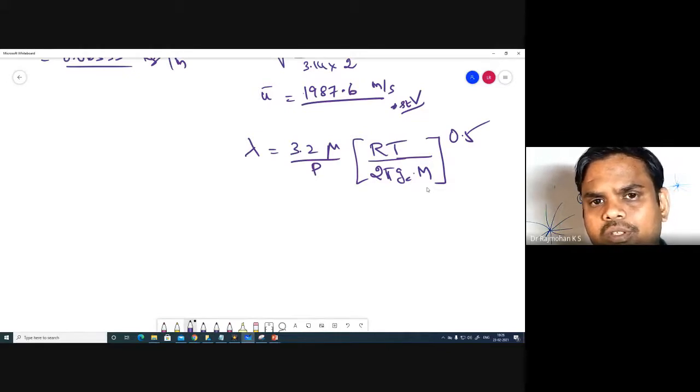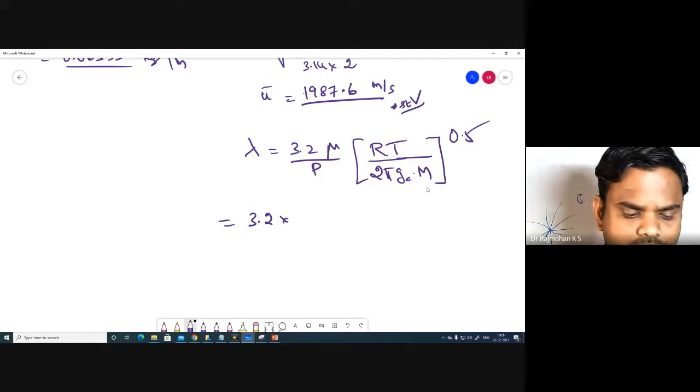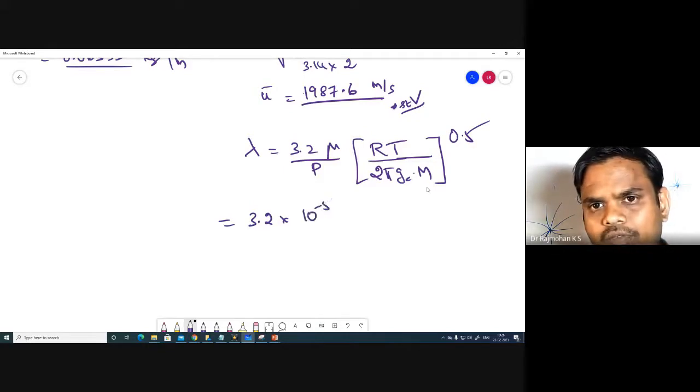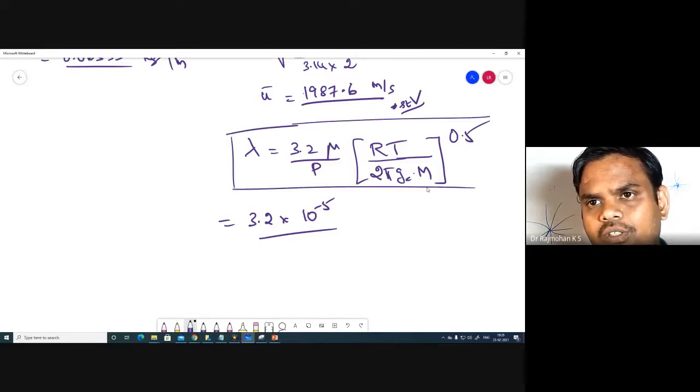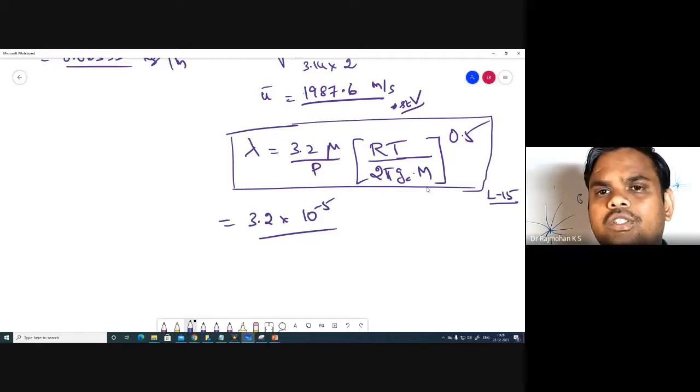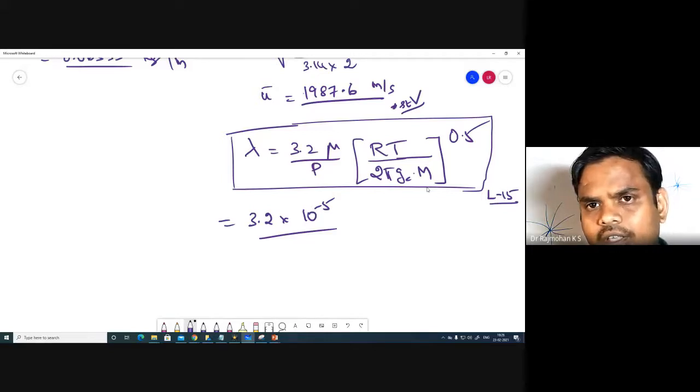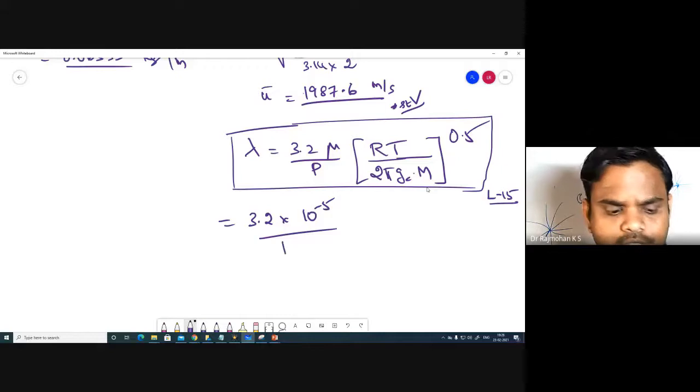So we can substitute the values. We have 3.2 into mu, the viscosity, which is given as 10 power minus 5 Pascal second. Remember, when you write the formula, you write in which unit we have to substitute. It is clearly defined in lecture number 15. So which unit do we substitute for mu, p, R, T, M and all? 3.2 into 10 power minus 5 divided by p, which is 101.325 Pascal.